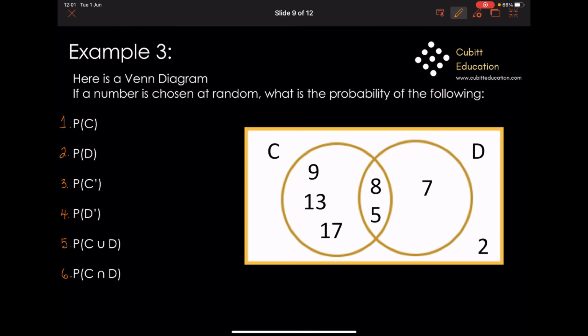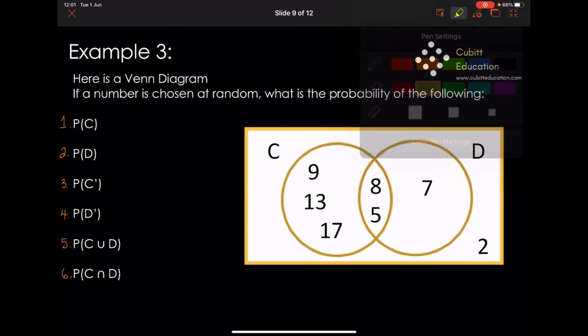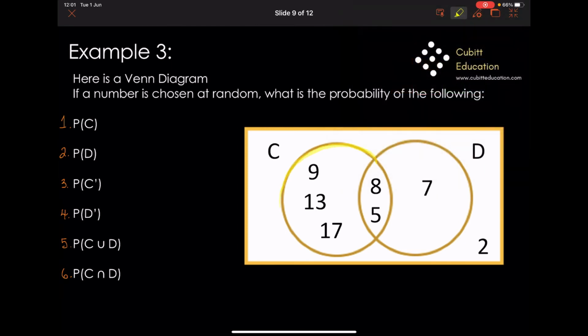Okay, so let's go through these then. The probability of getting C. Well, the probability of getting a C is anything in here, isn't it? Because this is the C circle. So that's 1, 2, 3, 4, 5. So that's 5 out of, and the total amount of numbers we've got is 1, 2, 3, 4, 5, 6, 7.